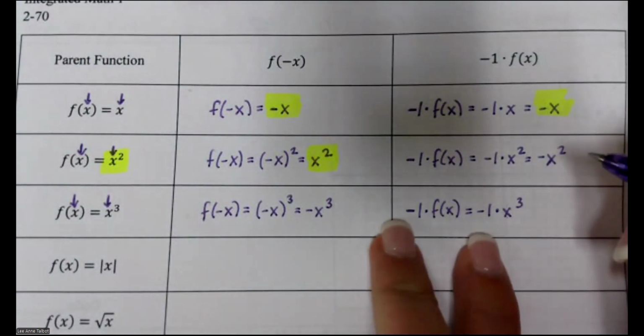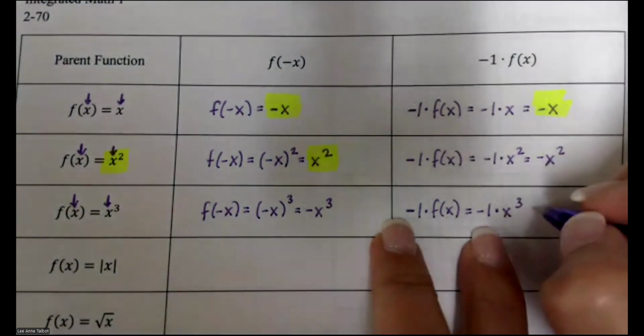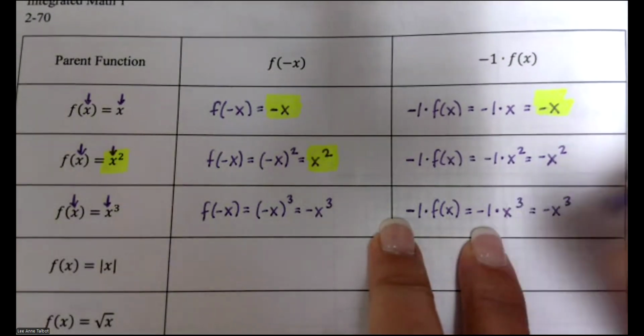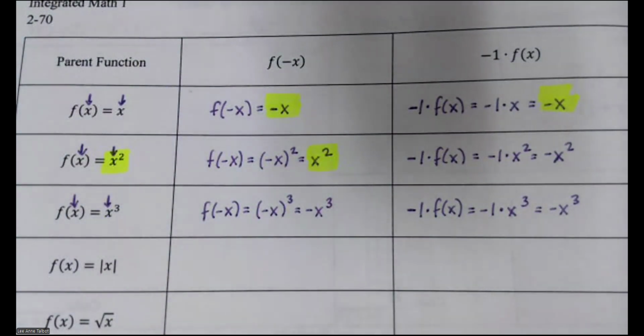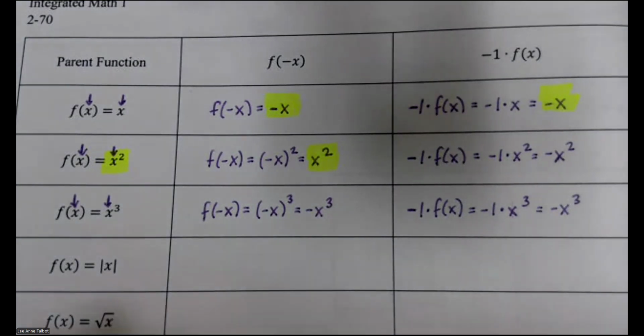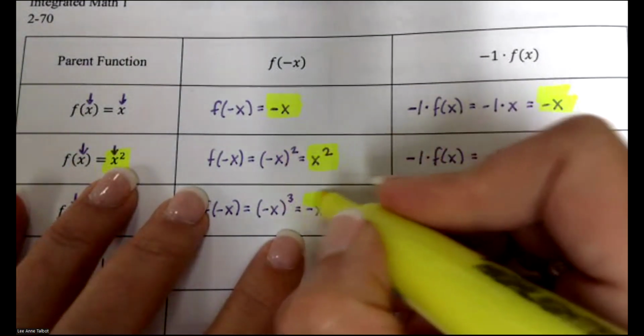So -1 times on both sides. Negative. Okay, what matches? Columns 2 and 3.